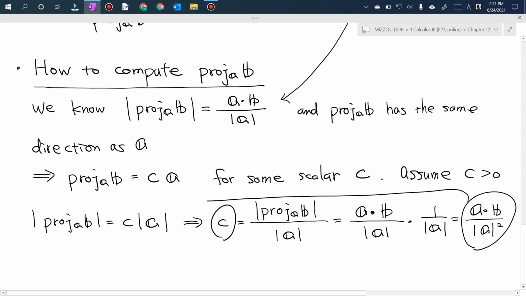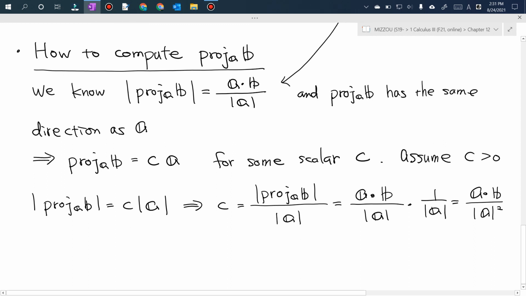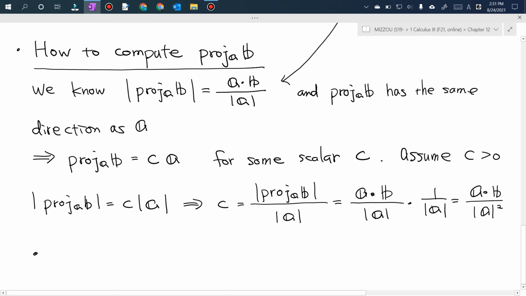And then this is going to be plugged into here. So therefore, proj AB is computed as A dot B divided by the magnitude of A squared.